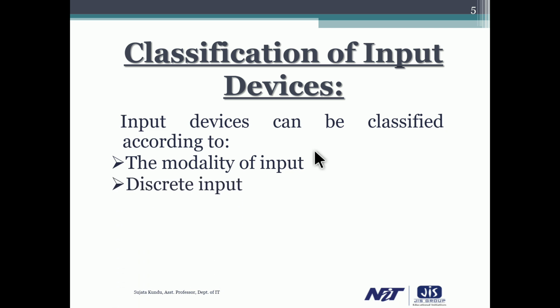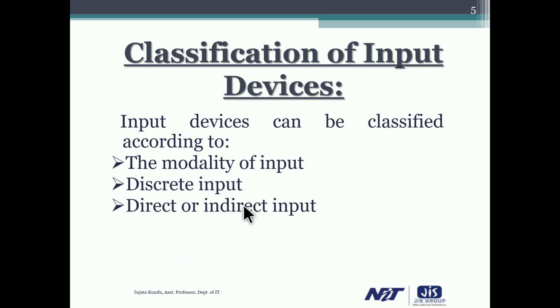Discrete or continuous input: whether the input is discrete, like a key press, or continuous, like mouse position, which, although digitized into a discrete quantity, is high resolution enough to be thought of as continuous.